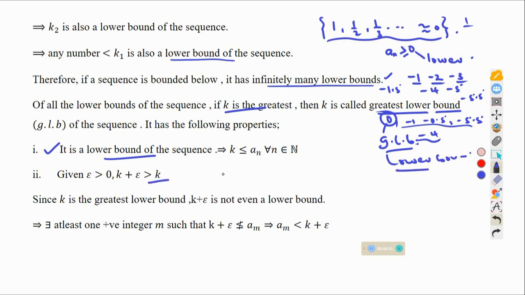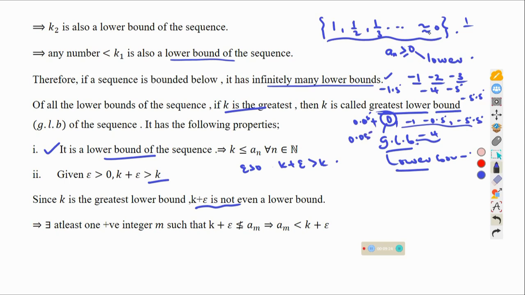And the next one, if you have any positive number, epsilon, then when you get k plus epsilon, it will always be greater than k, which is surely true. But k plus epsilon will not be even a lower bound. Why? Because we are considering this to be the greatest lower bound. When I add a number like, for example, 0.05, I will get 0.05.